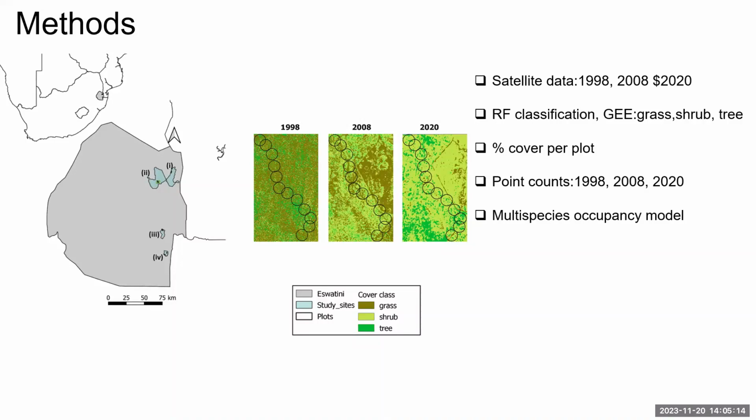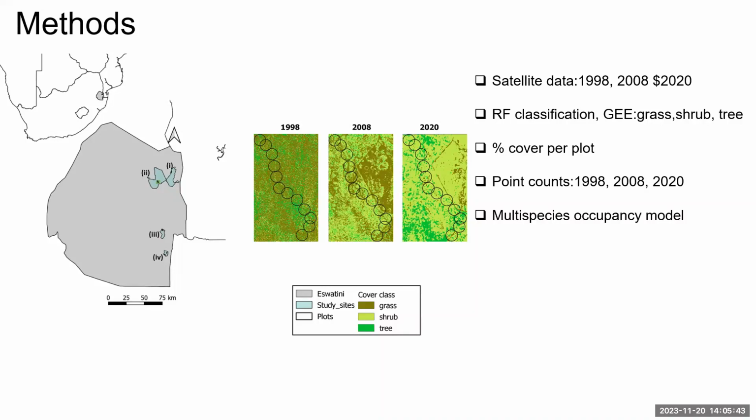To quantify grass, shrub, and tree cover in those plots, we used a random forest supervised classification algorithm in Google Earth Engine. And we also had access to bird point count data in 1998 and 2008. We went out in 2020 to collect more data.